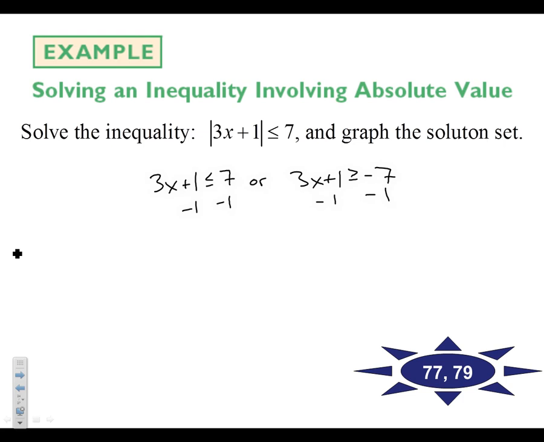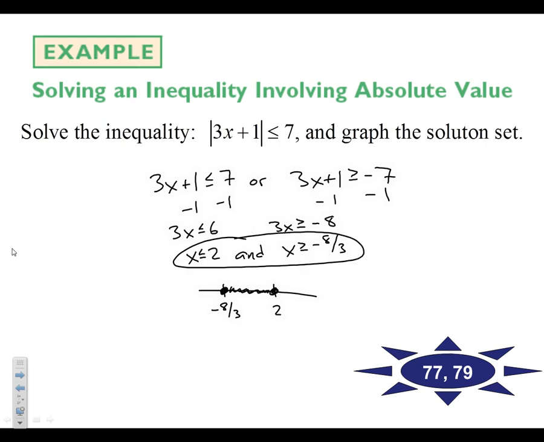Minus 1 all over the place. 3x is less than or equal to 6. 3x is greater than or equal to negative 8. x is less than or equal to 2. x is greater than or equal to negative 8/3. If we were to graph this, it would be in between negative 8/3 and 2. So this is an and. It happens in between them.